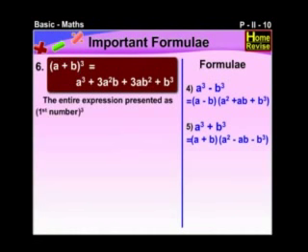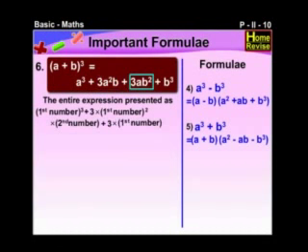That is cube of first number plus 3 into square of first number, that is a square, into second number, that is b, plus 3 into first number into square of second number, that means 3ab square, plus cube of second number, that is cube of b.